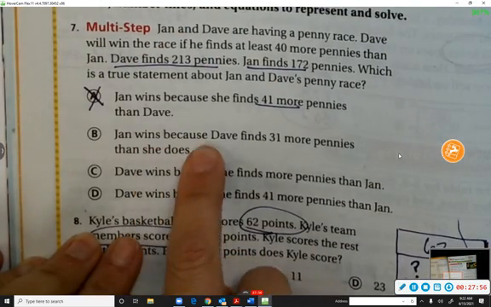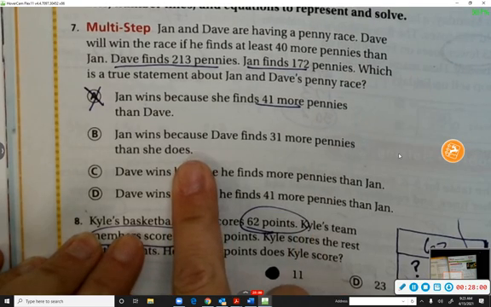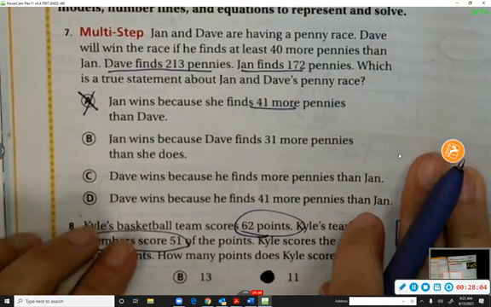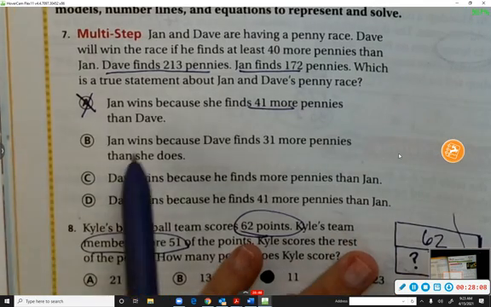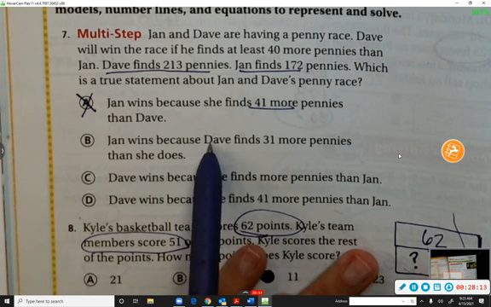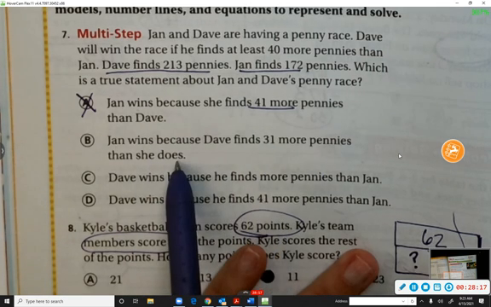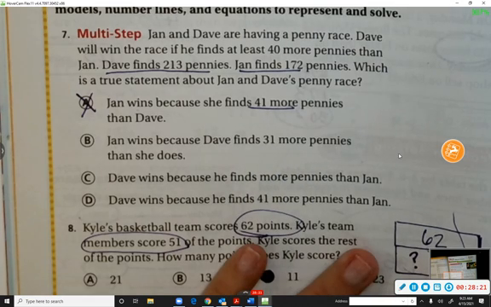Jan wins because Dave finds 31 more pennies than she does. Would Jan win if she found less than Dave? No, that's more. So we can't say Jan would win because Dave finds 31 more pennies than she does. If he found 31 less pennies than her, that would be correct, right? Yes. Okay?